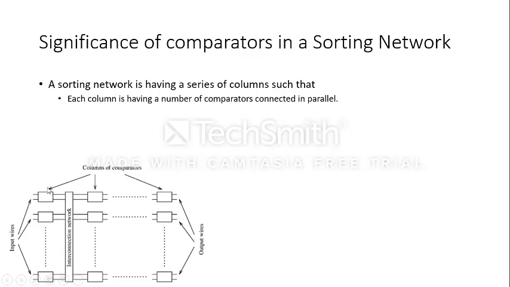Now whatever the outputs are, they actually get executed on the interconnection network. So these comparators execute on the interconnection networks, and whatever output is generated is passed on to the next layer or the next column of comparators. Whatever values there are are passed on to the next layer of the interconnection network, and in this way this whole process will continue.